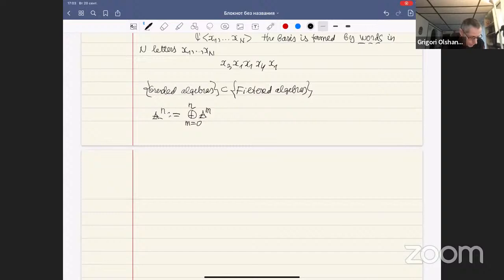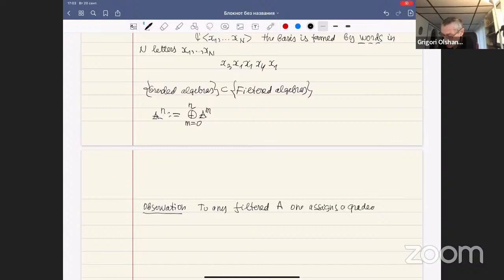Another very useful observation is a construction which to any filtered algebra A assigns a graded algebra, which is usually denoted as gr A, as follows.